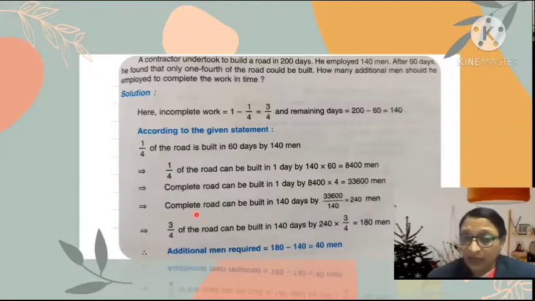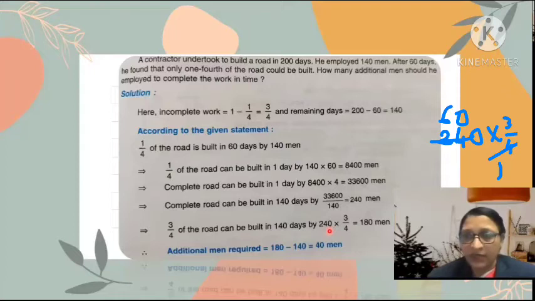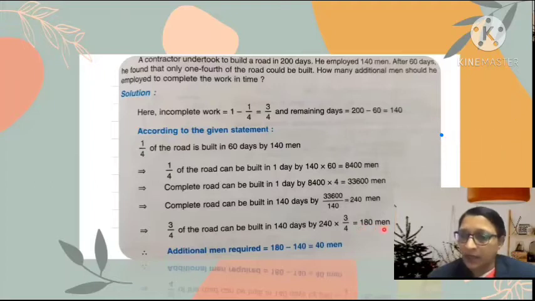Now, as we have calculated the value for 140 days for the complete road building, we can find the number of men required for building 3/4, that is the remaining road to be constructed in the remaining time of 140 days. By the men, 240 multiplied by 3/4. That is 4 ones are 4, 4 sixes are 24, and 0 as it is, 60 into 3 equal to 180 men.